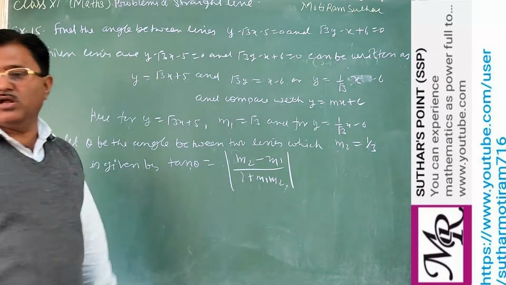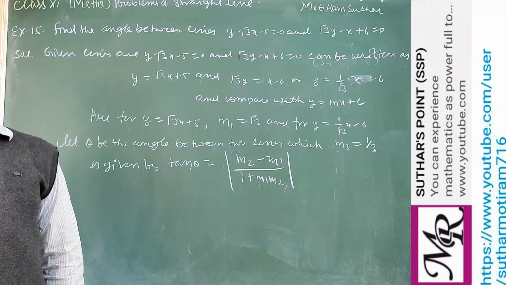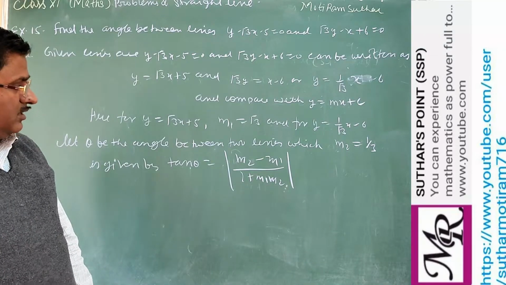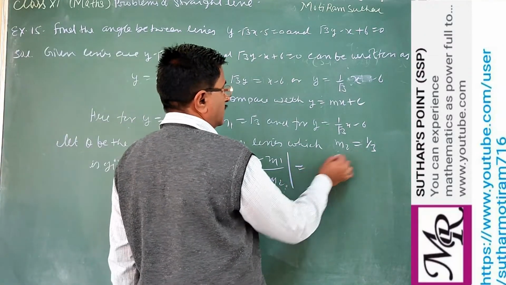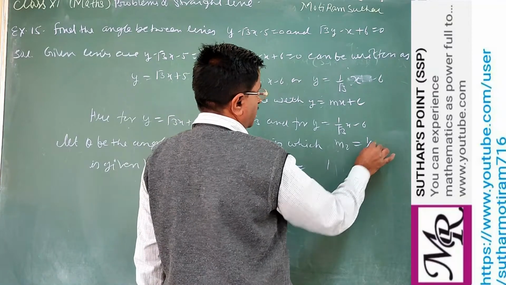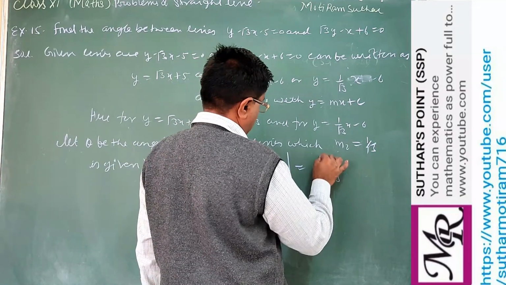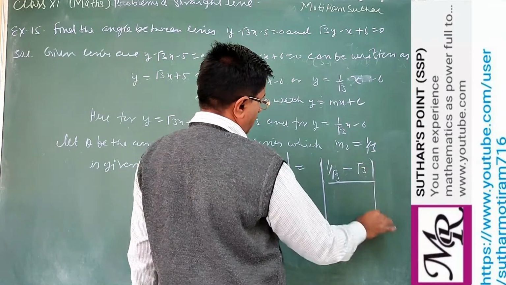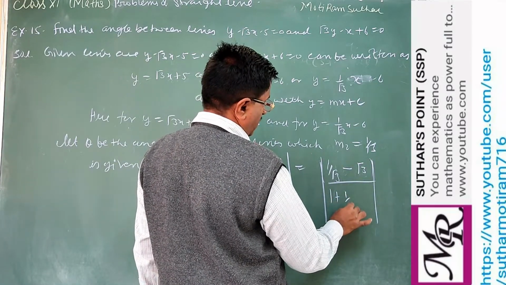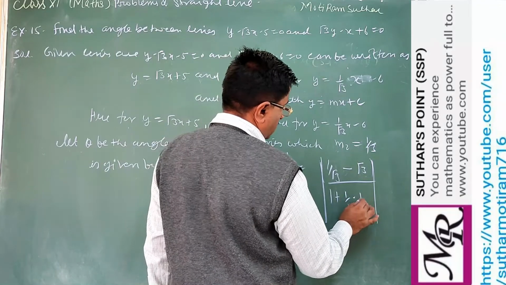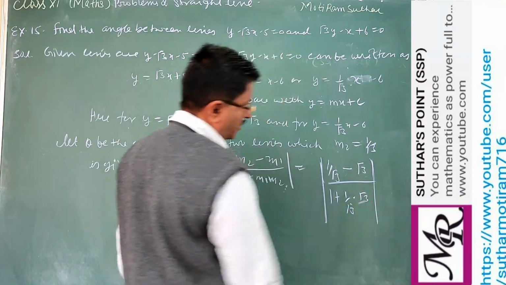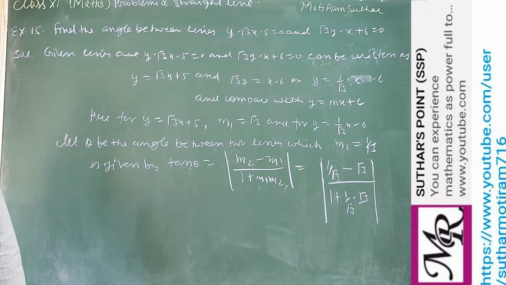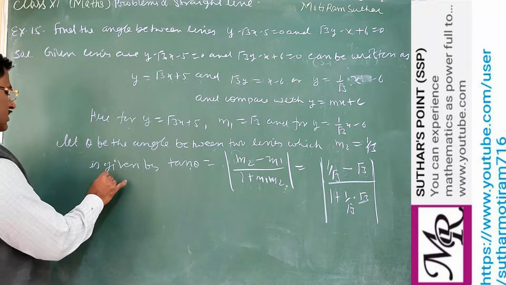We use this formula to find the angle between the two lines. Clear? So put the value of m2, 1 by root 3, minus m1, root 3, upon 1 plus 1 by root 3 into 1 into root 3. So now take LCM and simplify.